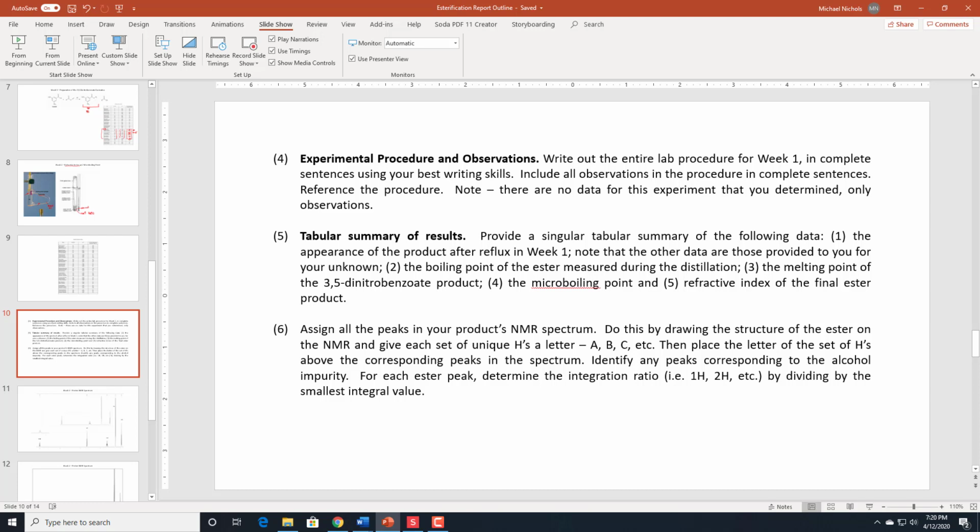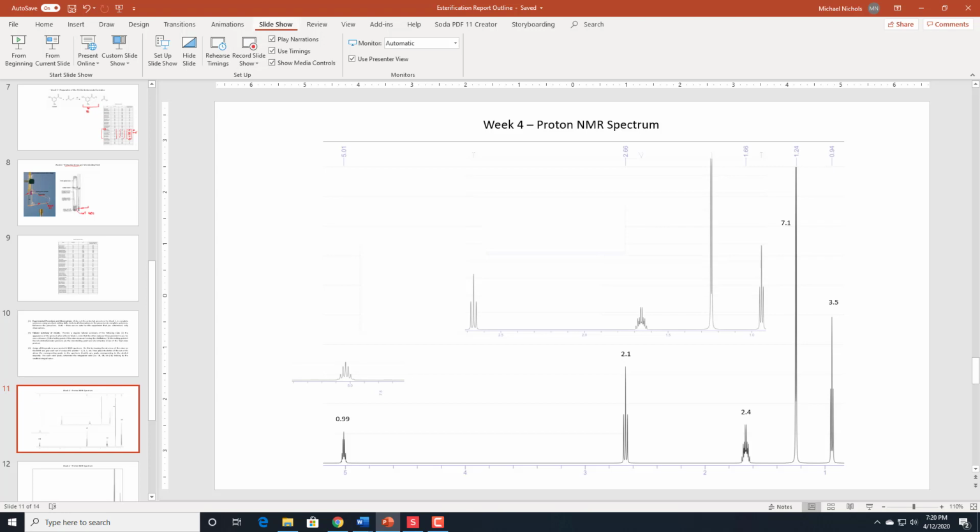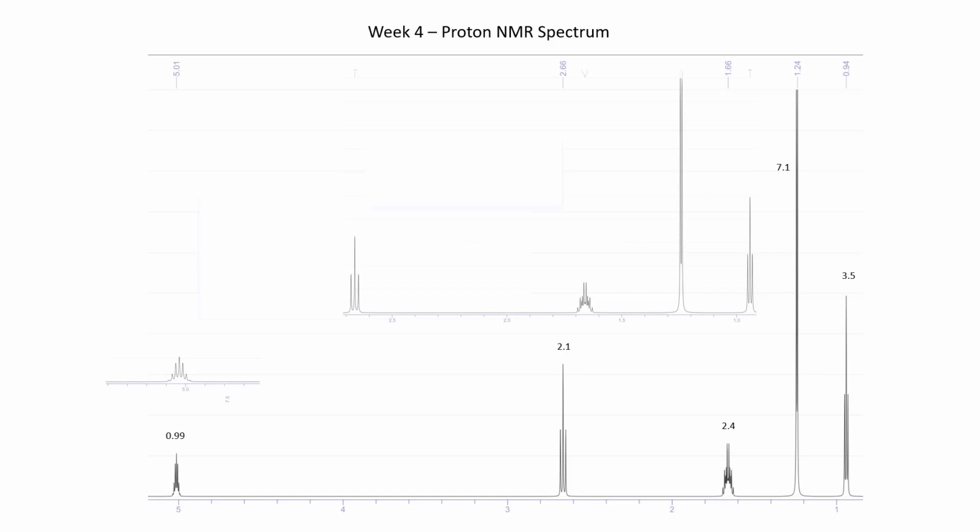be proton NMR. So let's go back and talk a little bit about how you determine the structure of an ester by NMR. Now we've had some problem sets on that, and so let's take a look at some theoretical data for an ester that no one has.